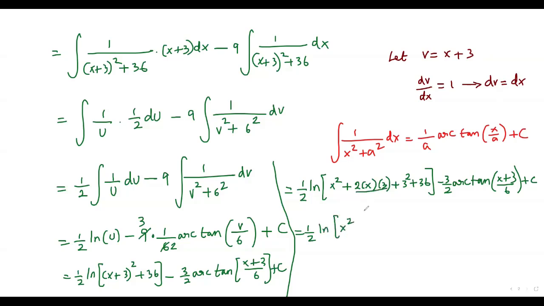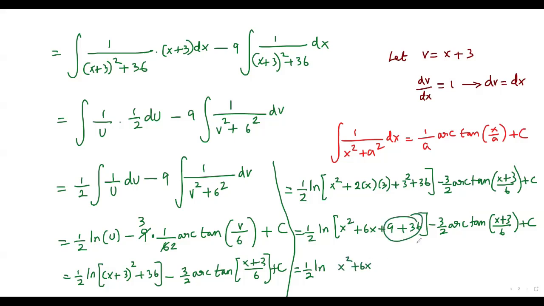And when I simplify, 2 times x times 3 is 6x, plus 6x, plus 9, plus 36, negative 3 over 2 times arc tangent (x plus 3) over 6 plus c. So finally we get 1 over 2 times ln of, now we can combine this 9 and 36, and I'm getting x squared plus 6x, plus 45.